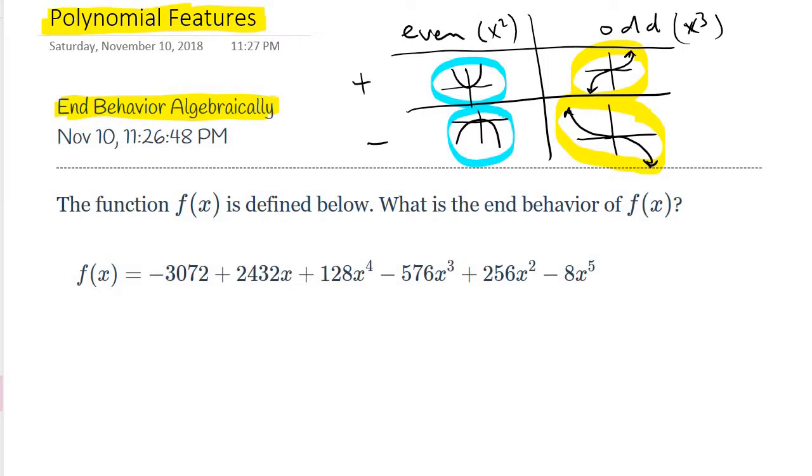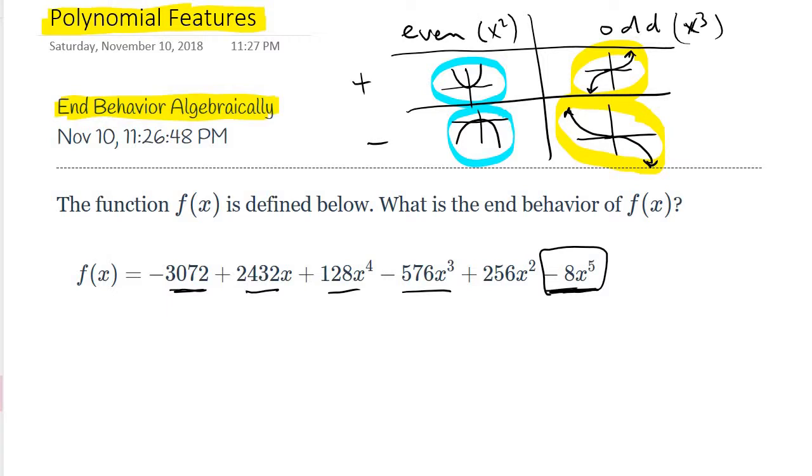Okay, so we're given a polynomial. Sometimes you need to rearrange the polynomial in standard form. This is obviously not in standard form because you can see that the degree is going from low to high. It's supposed to go from high to low. So this is the highest degree. It doesn't usually follow that it's the last one.